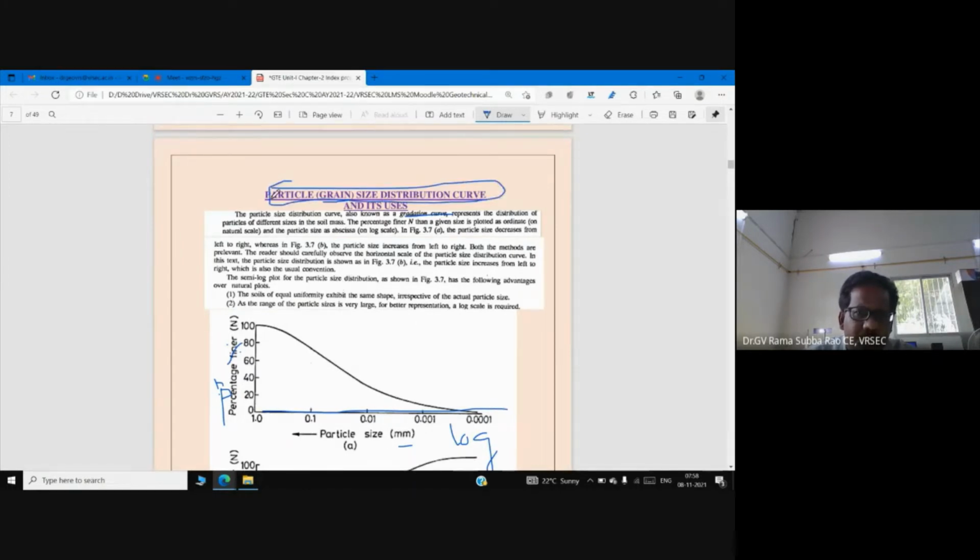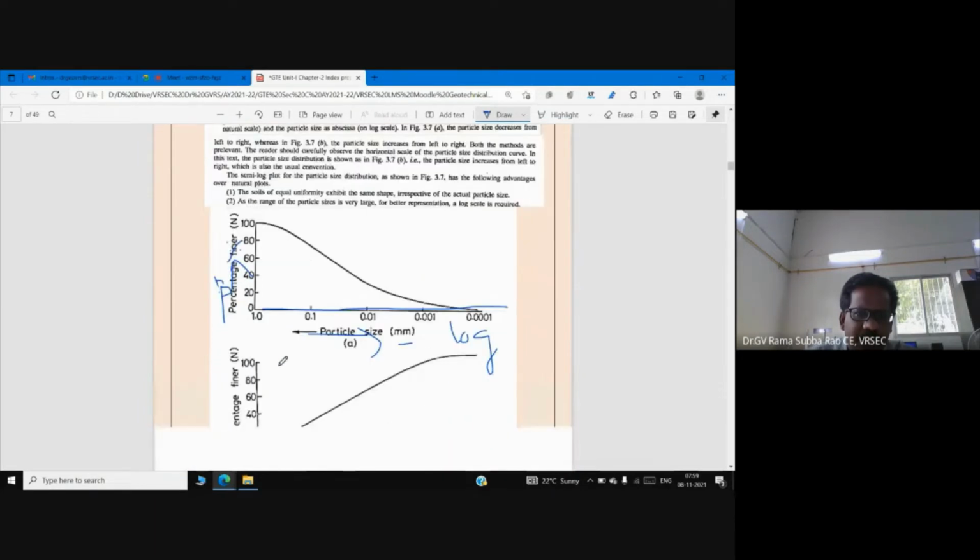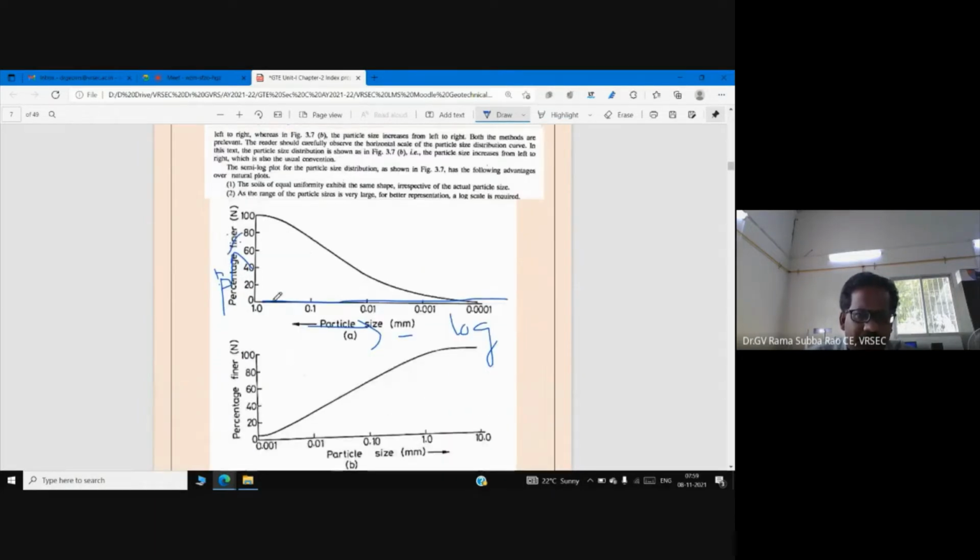Someone can ask me, what is the particle size distribution curve? It is a curve drawn between percentage passing versus particle size in millimeter. So in fact, it is a semi-log plot where for particle size we select a logarithmic scale. For percentage finer, we select a natural scale, that is, an arithmetic scale. So we are seeing here two different formats of presentation.